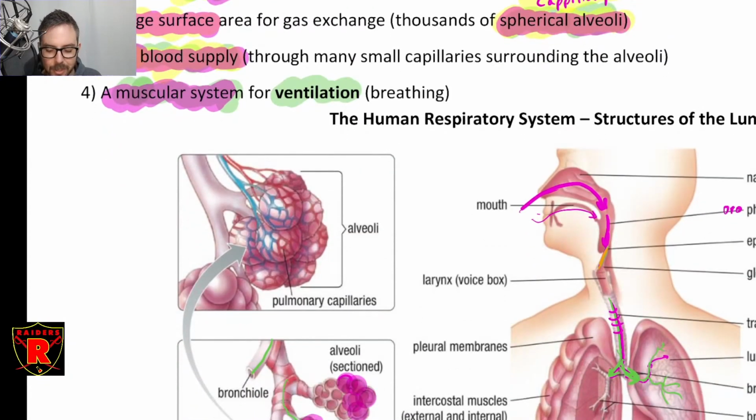And then lastly, you need a way to ventilate. Ventilating is refreshing the air that is in your alveoli. So you need some system to get air in and out of that system. We have a diaphragm. We're going to talk about how we ventilate shortly. But different animals have different systems for this.